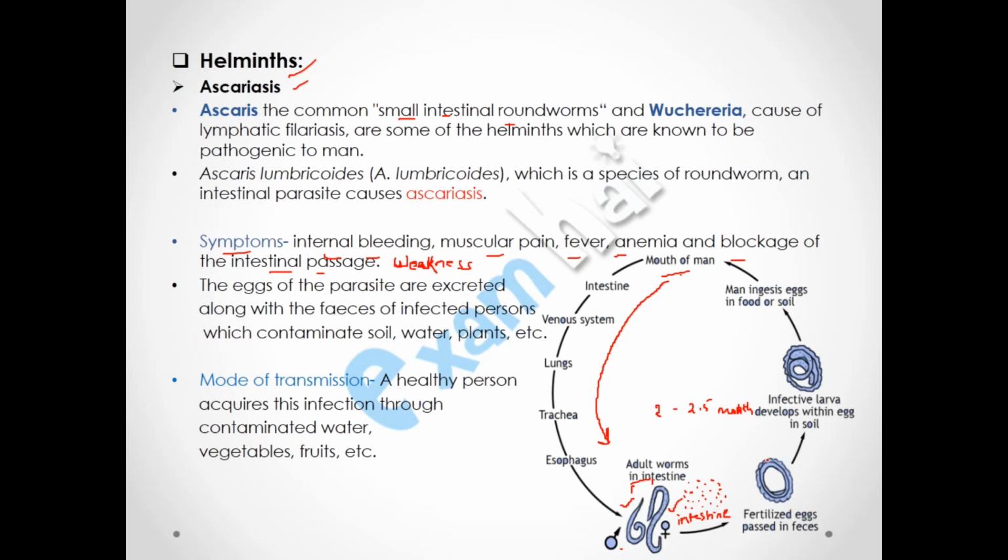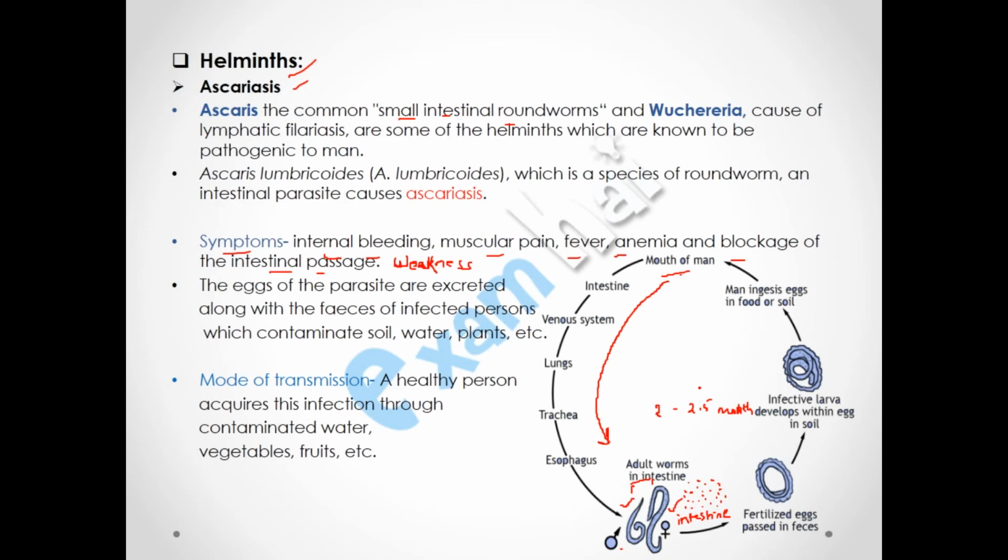And if it is taken up by a healthy person through soil or through food or through water, then again the cycle is repeated. So this is the whole process of how this Ascariasis spreads from an infected person to a healthy person.